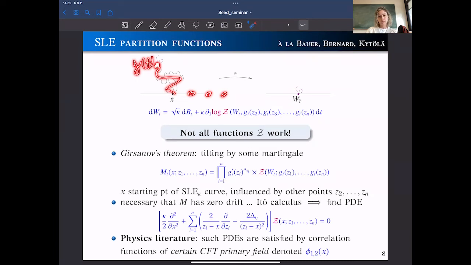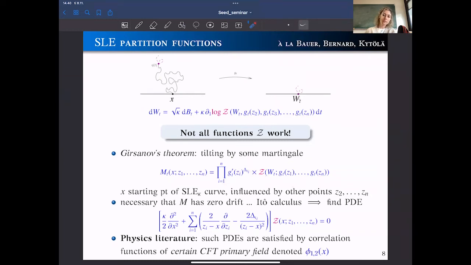So now if I map this one using the conformal map so that the tip goes to this W and those points go some places, I should be able to somehow, by the conformal invariance that's built in my model, just push everything by the conformal map. And there's some covariance factors, which are these ones. And then these are just images of the points on this side, something like that.